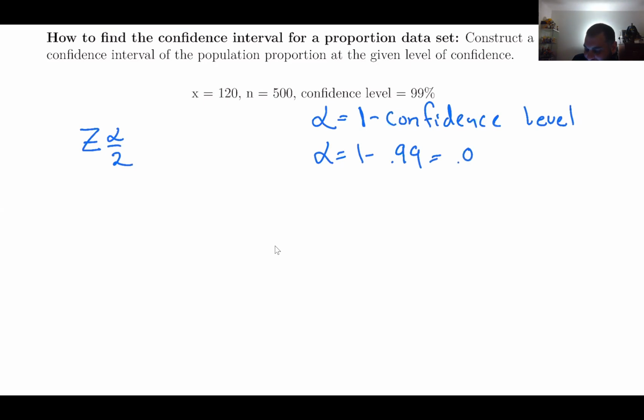Good, 0.01. That's my alpha. So we're going to do z of 0.01 divided by 2. What's 0.01 divided by 2? Well, that's z of 0.005.